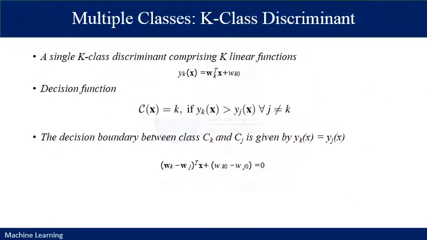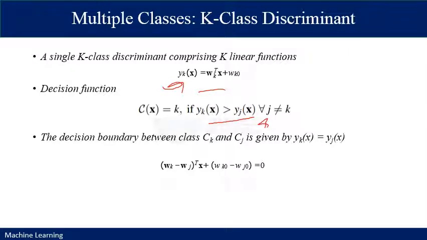However, we can avoid these difficulties by considering a single K-class discriminant comprising K linear functions of the form y_k(x) = w_k^T x + w_k0, and then assigning a point x to class C_k if the probability of that class is greater than the probability of the other classes, where all those other classes are not equal to the current class.